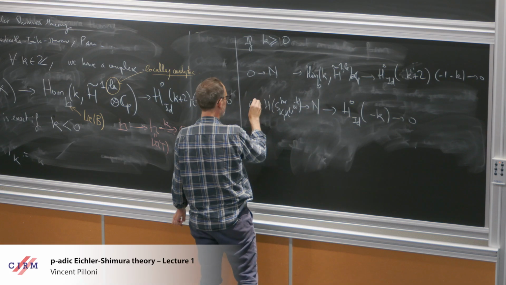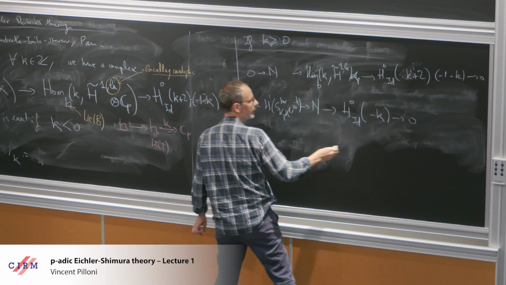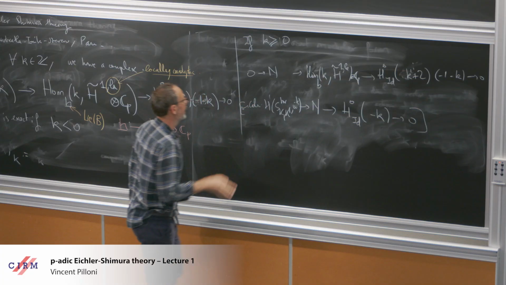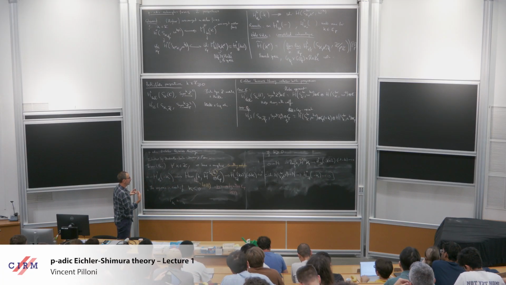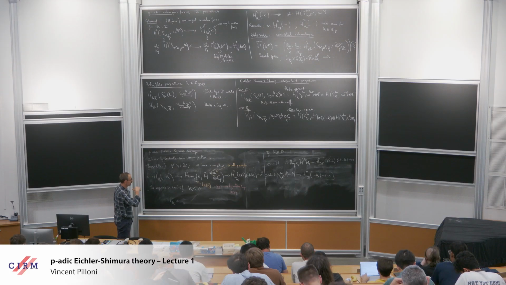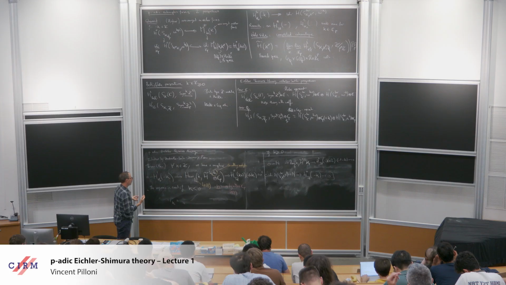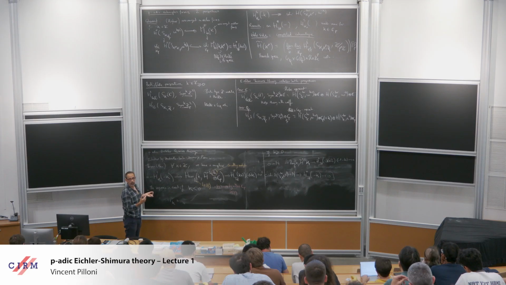Okay, well, anyway, I think you can read the details in Pan's paper. But what's interesting is that such a decomposition still exists, and actually you can describe its shape, even though the shape of the decomposition is not uniform in the weight.